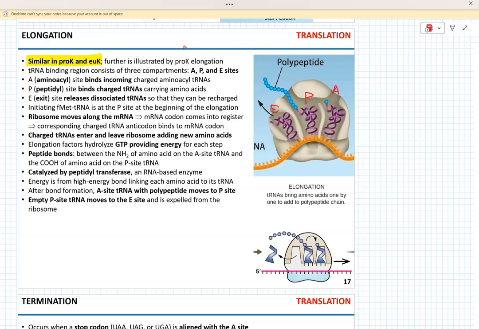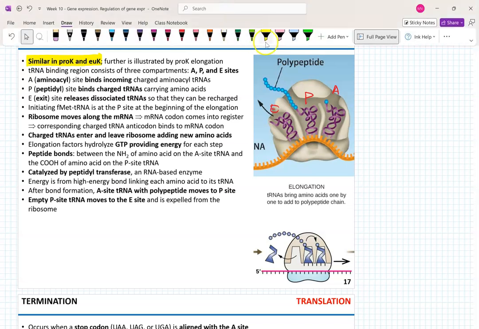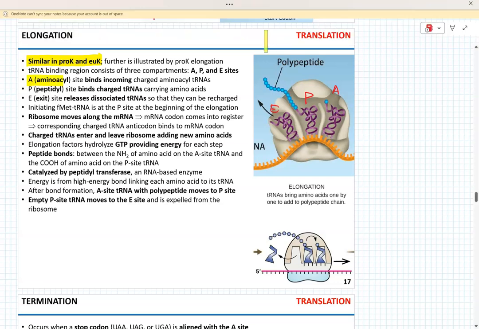and the E site. A stands for aminoacyl, showing that this is where the charged tRNA binds. P stands for peptidyl.